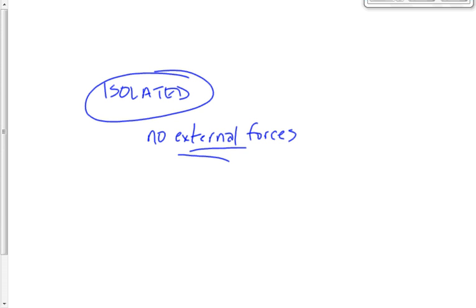Now, how do we make sure that we have an isolated system? Because the reality is we almost always have things like friction, right? Well, generally what we're going to do is look at the situation immediately before and immediately after. So instead of saying initial momentum is equal to final momentum, where initial is 8 seconds before the collision, and final momentum is 3.5 minutes after the collision, let's look at the initial momentum immediately before, and the final momentum immediately after.